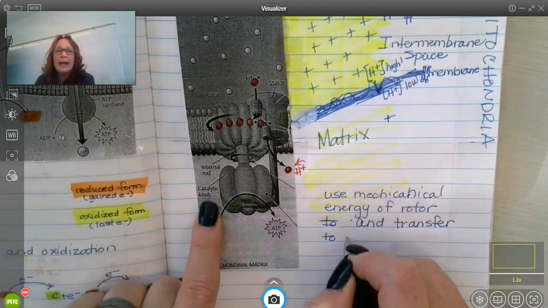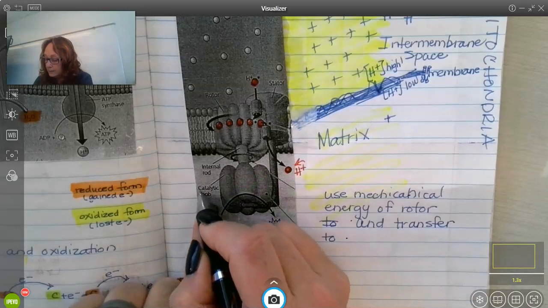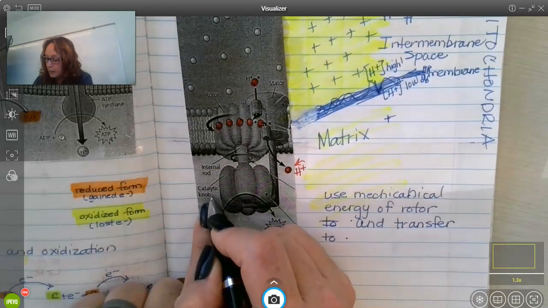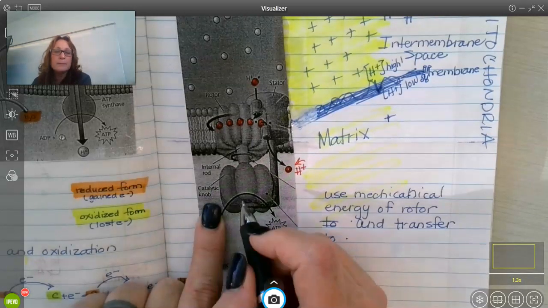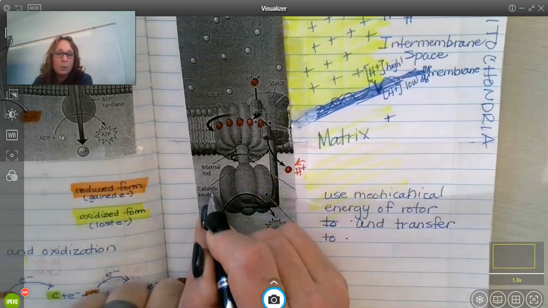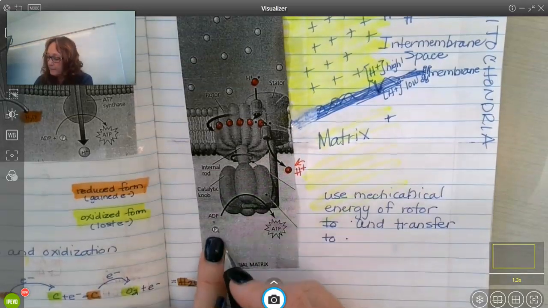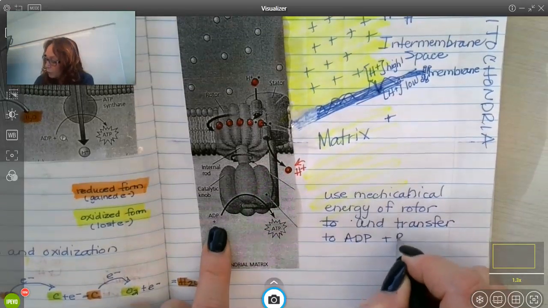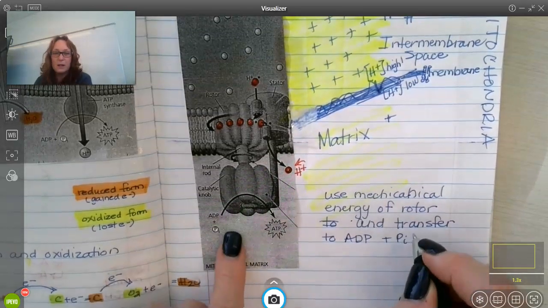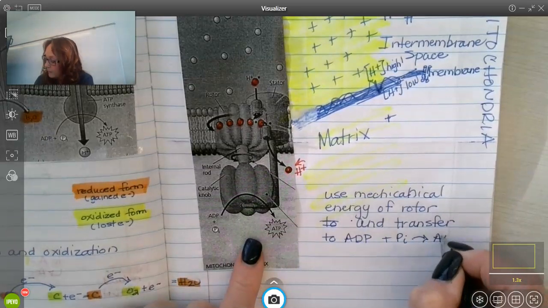Catalytic, I don't know if you've ever heard of things in your car, like catalytic converter, do you know what I'm talking about? Anyway, it's saying it's the place where things happen. That's where we're going to convert the energy, and we'll use inorganic phosphate that's also in the matrix to form ATP.